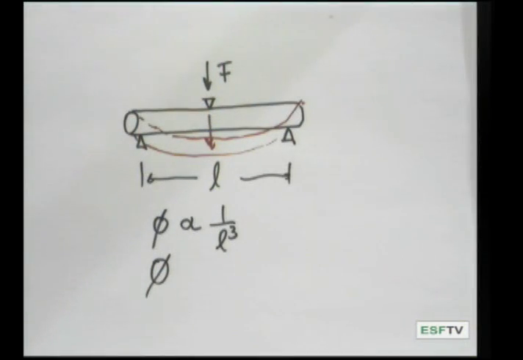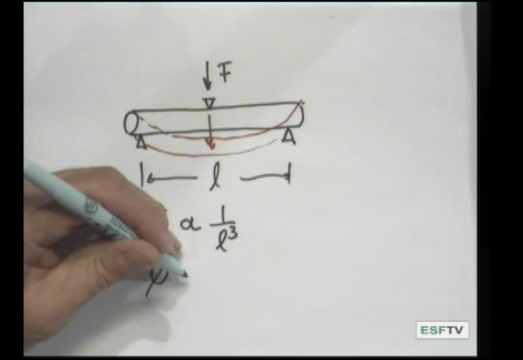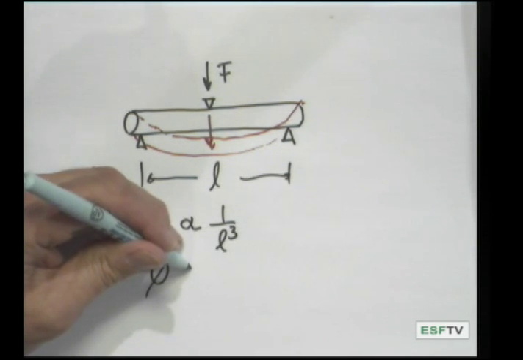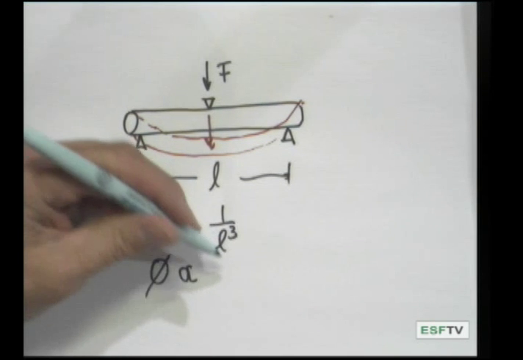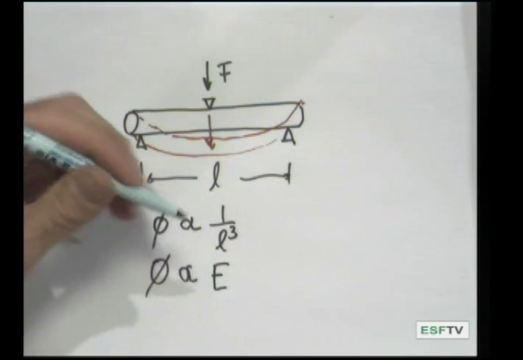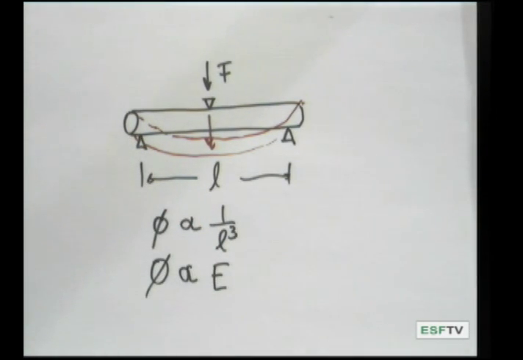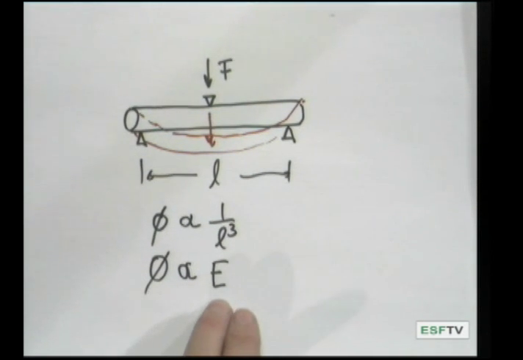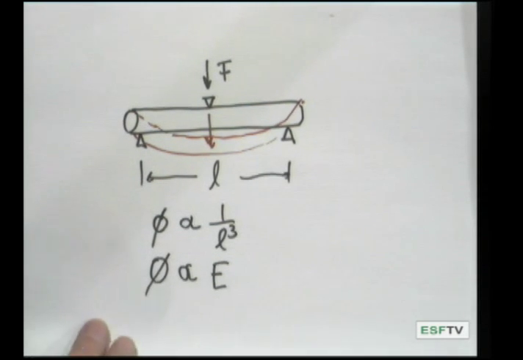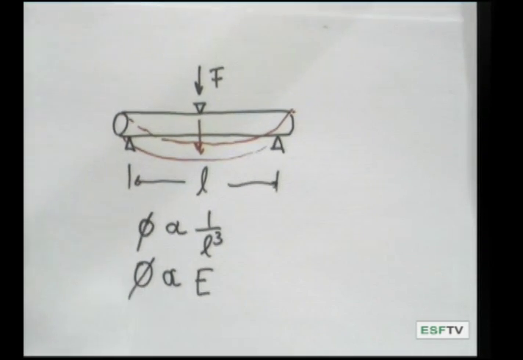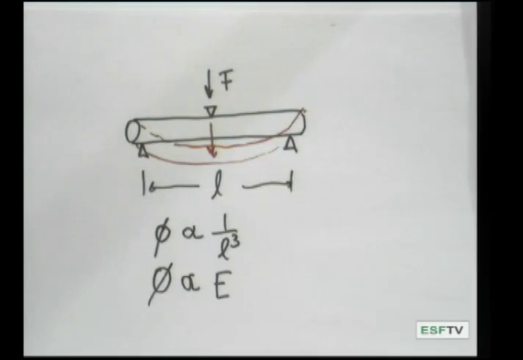So if we want to calculate a proportionality between the flexural stiffness of an object and the Young's modulus, then this is again going to be proportional to the Young's modulus. The stiffer the material, the stiffer the object will be. That is, the less flexible it will be. All right, and so that's another property.